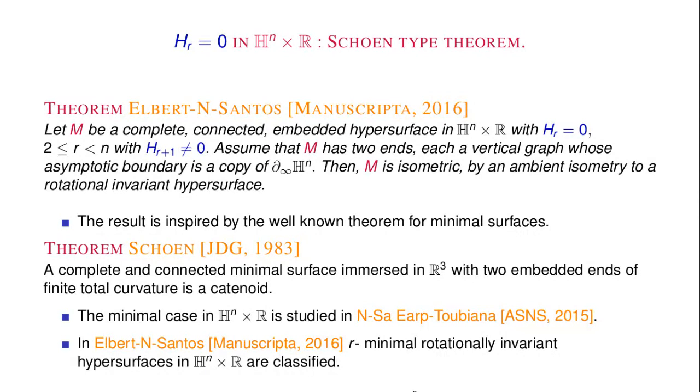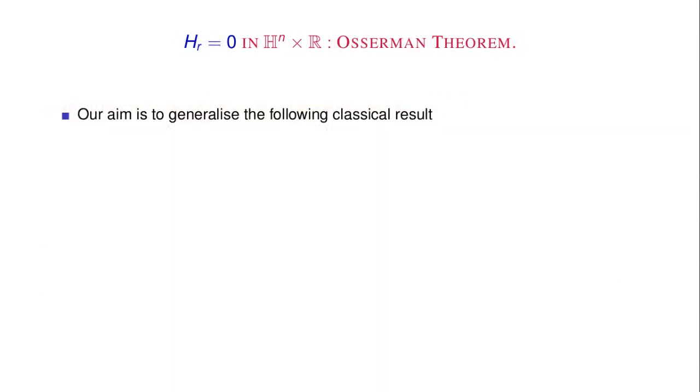Now I will go to the picture that was on the right side of the slide, the horizontal catenoids, the ones with ends asymptotic to vertical planes, but we will take HR equals 0.